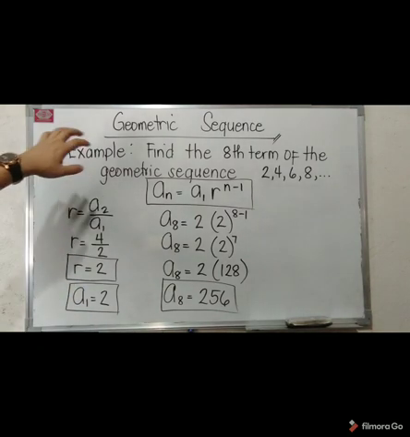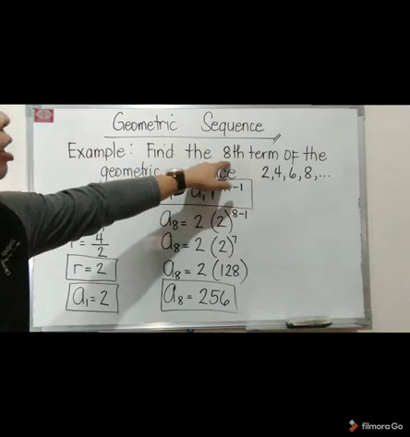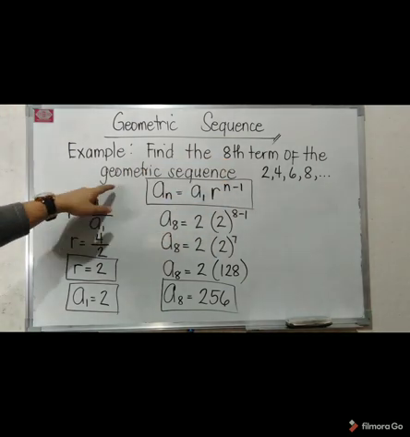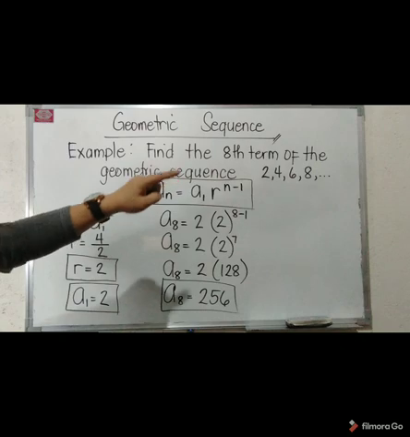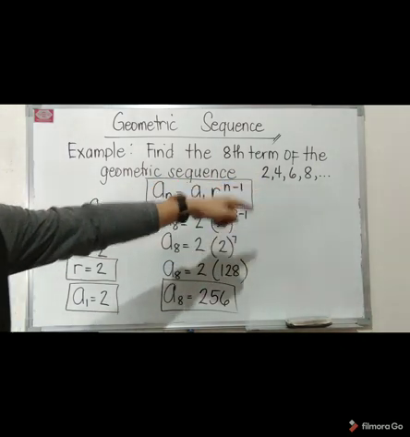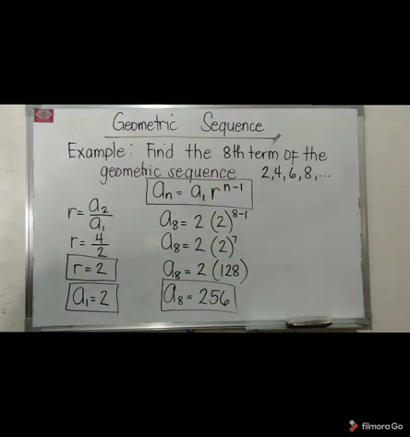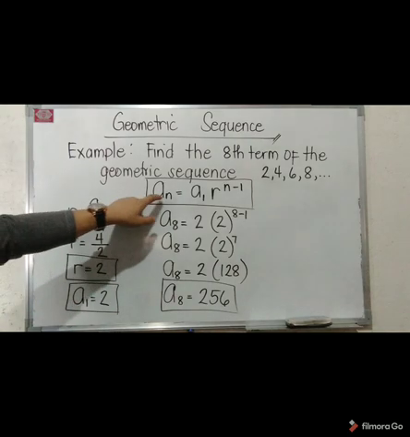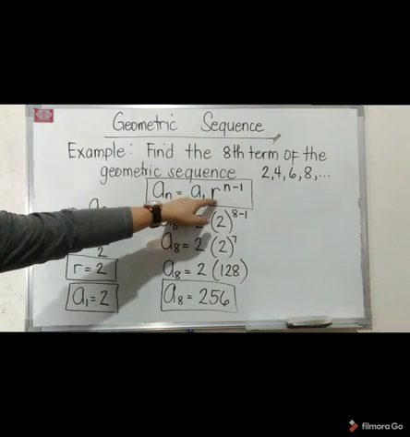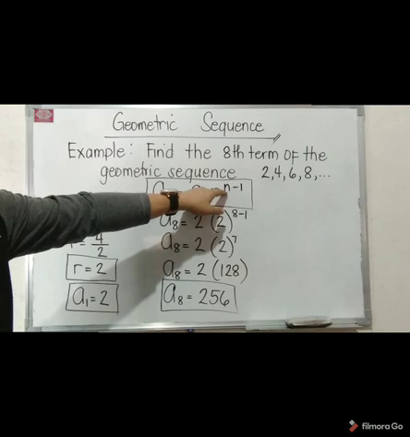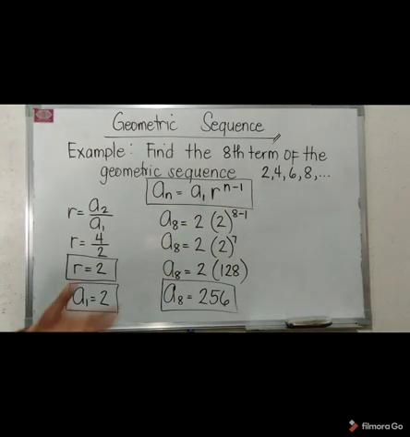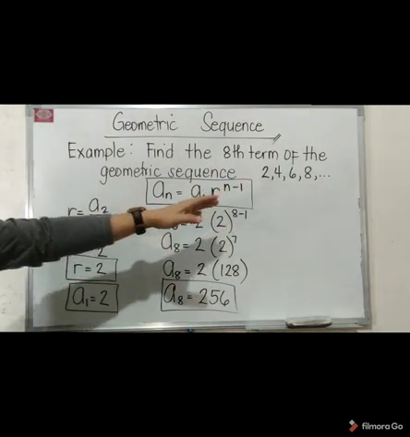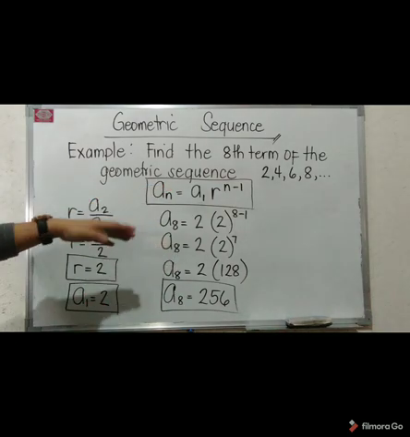Example number 2. Find the 8th term of the geometric sequence 2, 4, 6, 8. Okay, so we're going to use a sub n equals a sub 1 times ratio raised to n minus 1. So once again, hindi naman ibinigay agad sa atin yung ating common ratio or ratio.